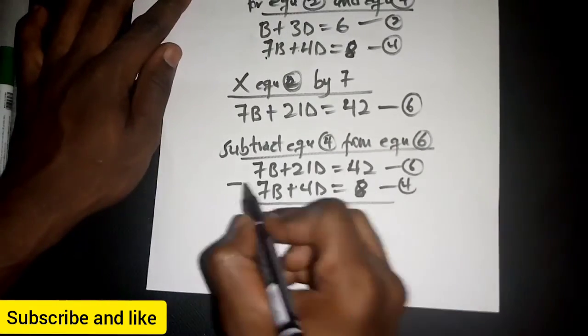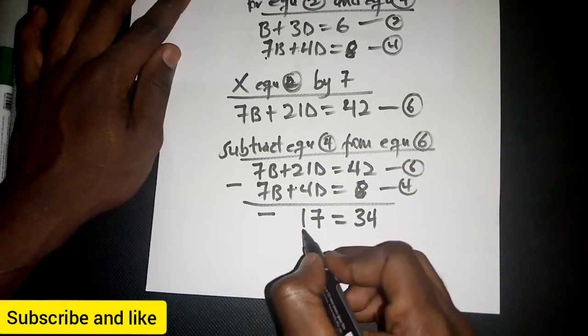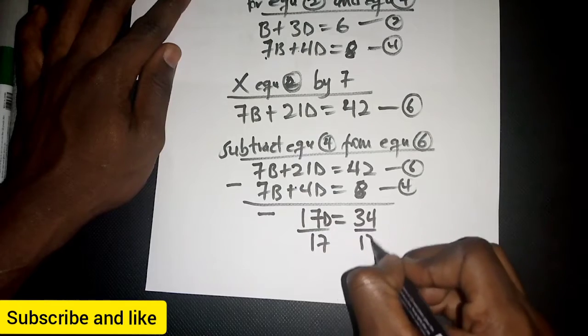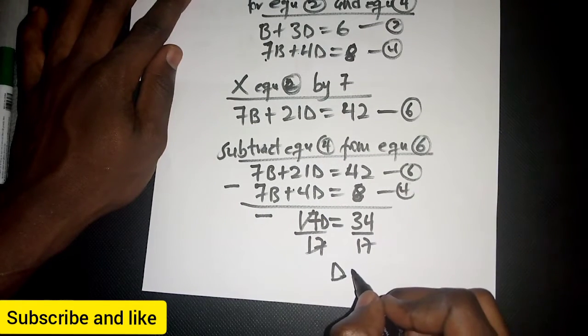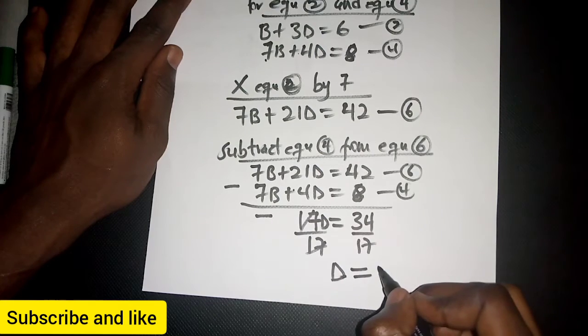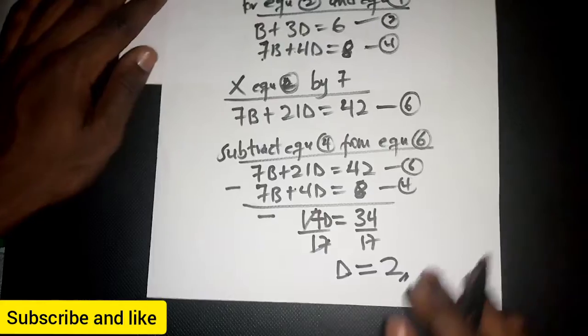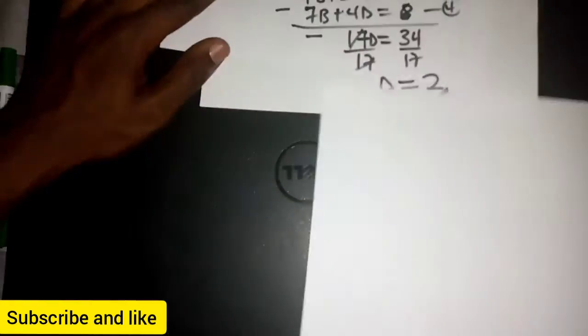So 42 minus 8 is just 34. Then we divide both sides by 17, and we have d being equal to just 2.